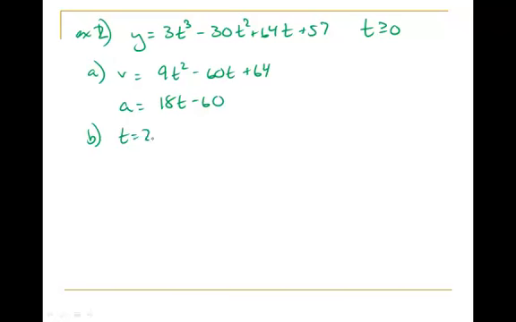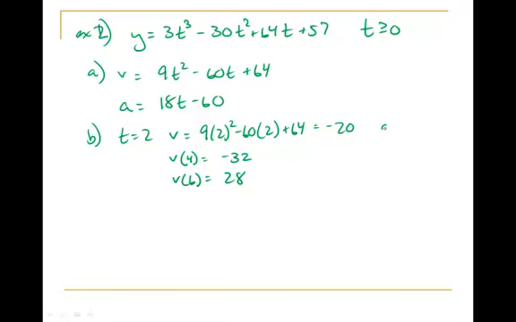Okay, at t equals 2, velocity equals 9 times 2 squared minus 60 times 2 plus 64. That was negative 20. V of 4 was negative 32, and V of 6 was 28.